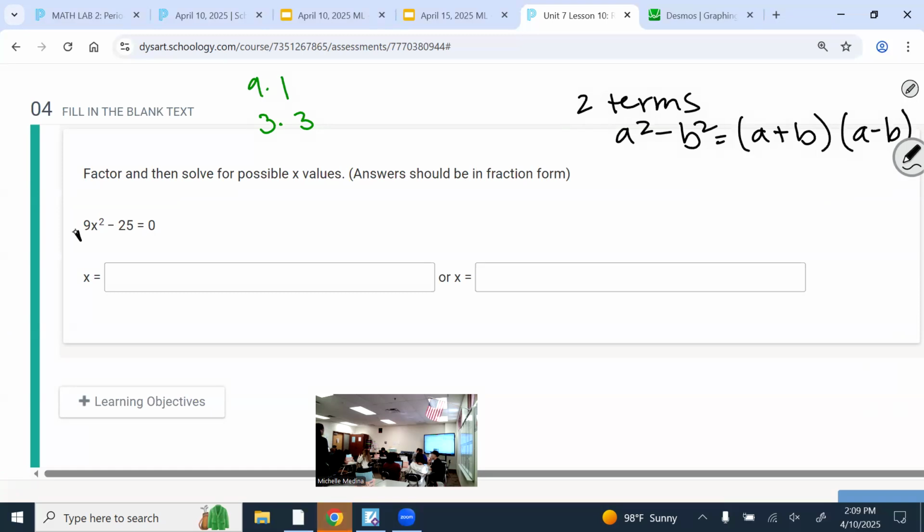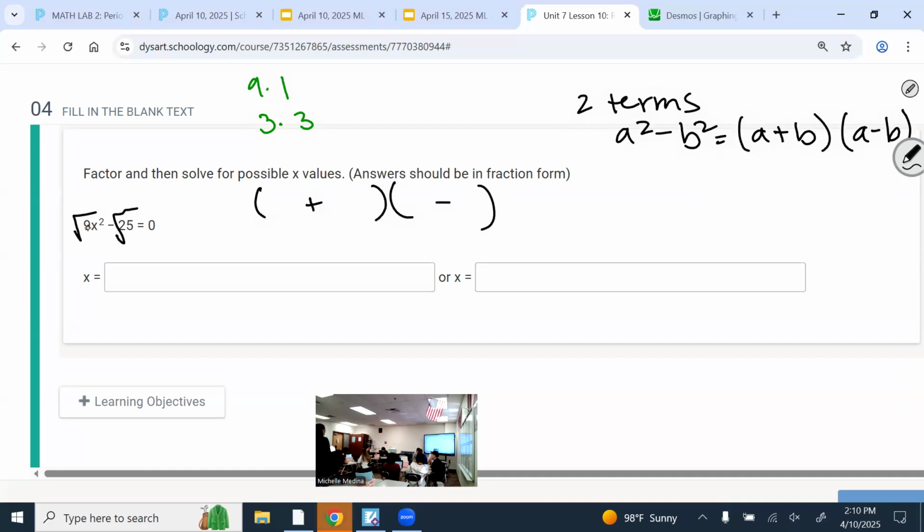And are there perfect squares on each side of the subtraction sign? So then, since it is a difference of squares, I just need to find my square roots. And then when I write them, one of them will have a plus in between and the other a minus.